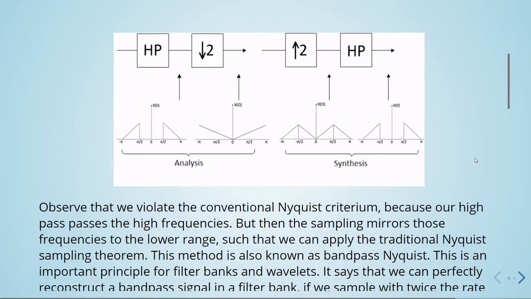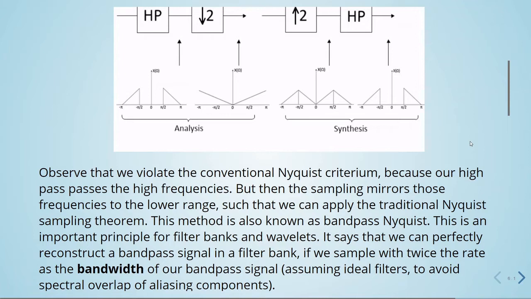It's very interesting to observe that we violate the conventional Nyquist criterion because our high pass passes the high frequencies. But then the sampling mirrors those frequencies to the lower range such that we can apply the traditional Nyquist sampling theorem. This method is known as the bandpass Nyquist.